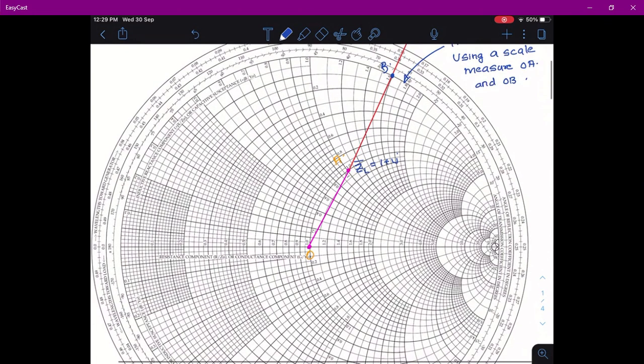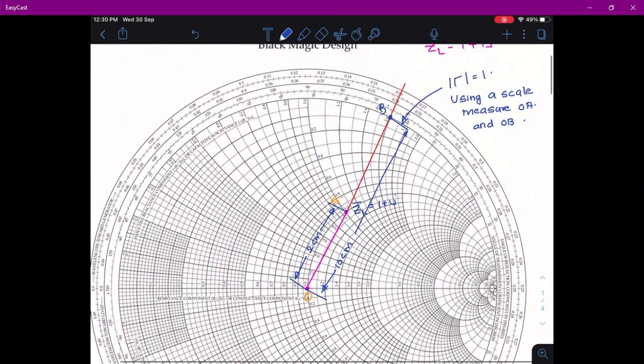So let's say you have measured some value here as 2 centimeter, and you measured some value here as 10 centimeter.